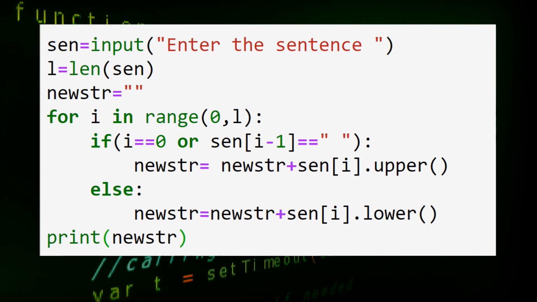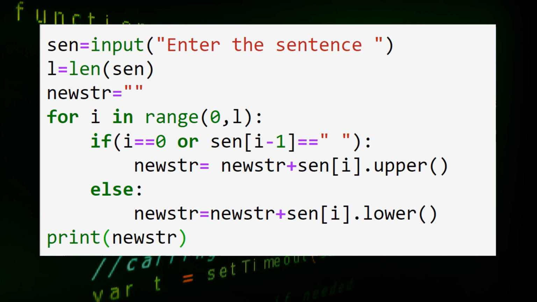So for this we will take input of the sentence, and we are going to calculate the length of the sentence. That value is stored in L. Let's create another variable, an empty string, new str, and we are running a loop for every position in the sentence. That is from 0 to L minus 1 it will go, because in range the last value is not included.